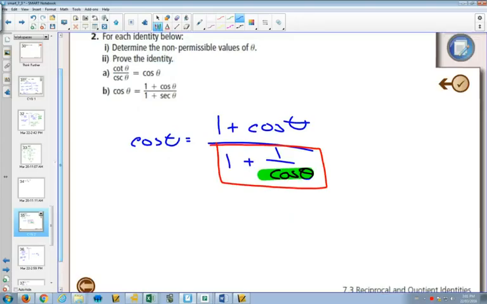So to begin with, theta can't equal... When is cos theta equal to 0? Pi over 2, 3 pi over 2, 5 pi over 2. How did we write those ones?